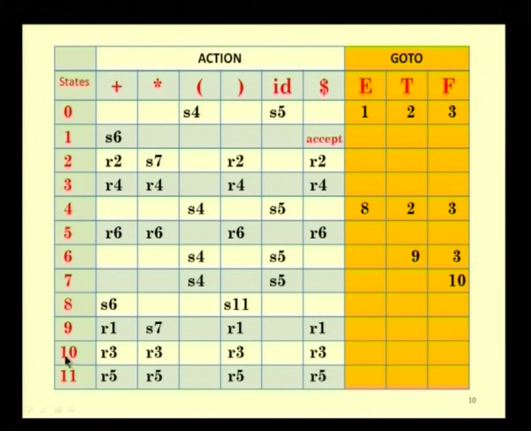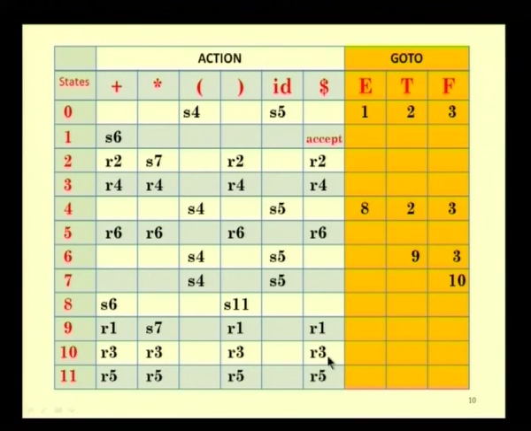and in 9 we have R1, that is E derives E plus T dot, for plus, closing bracket, and dollar, because of the follow set of E. So, the follow set of E is plus, closing bracket, and dollar. Then we have R3 here, T derives T star F dot, the third production, and the follow set of T is plus, star, closing bracket, and dollar.